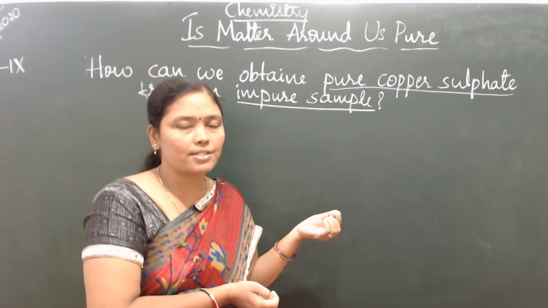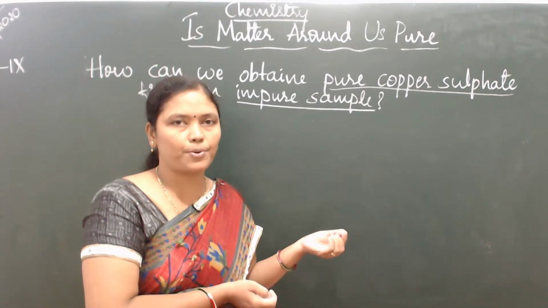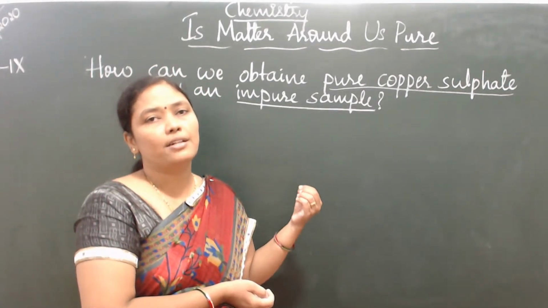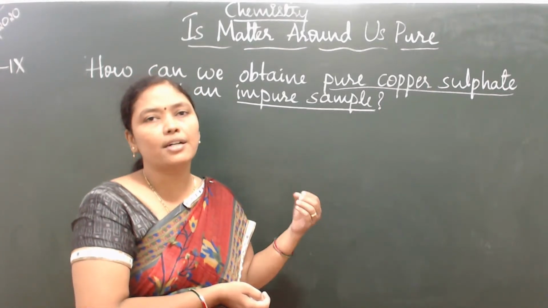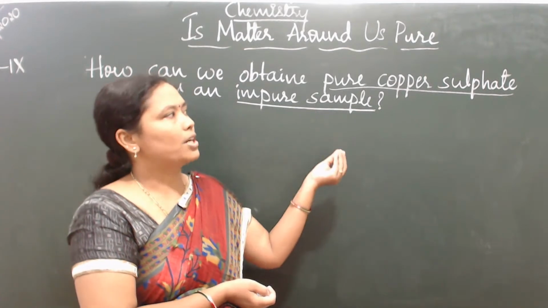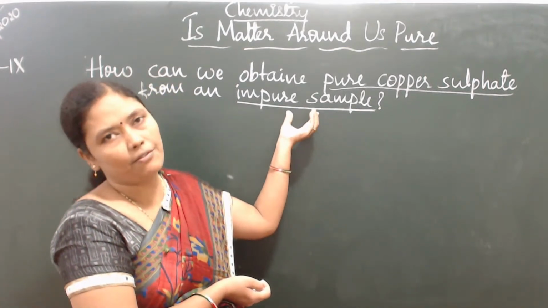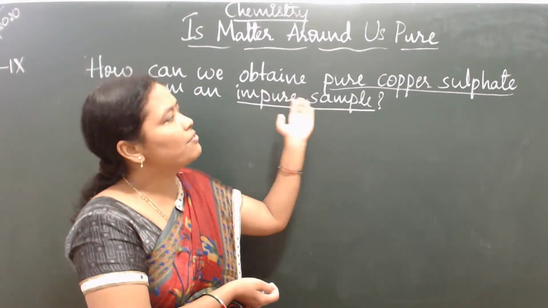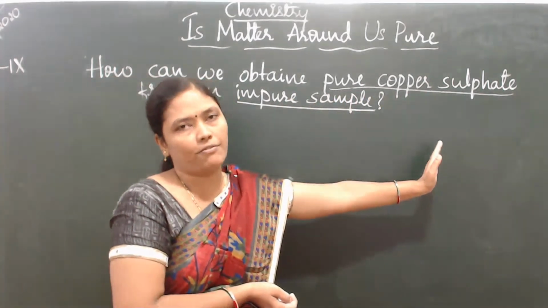What is the crystallization method? The crystallization process is the process in which we separate a pure solid from the impurities present in the sample. From that we are getting pure copper sulfate.